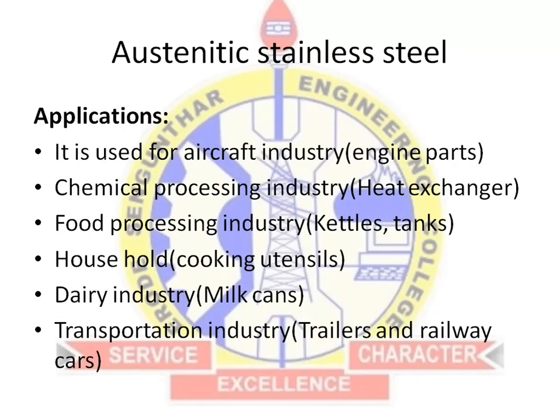The applications where it is used are aircraft industries, chemical processing units such as heat exchangers, food processing industries, kettles and tanks, household equipments, cooking utensils, dairy industries, milk cans, transportation industries, trailers and railway cars.